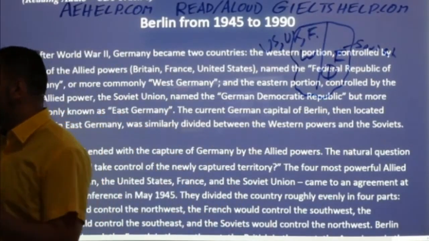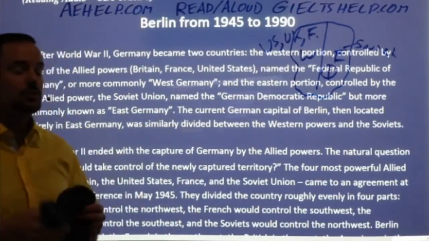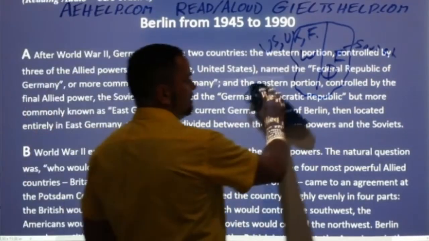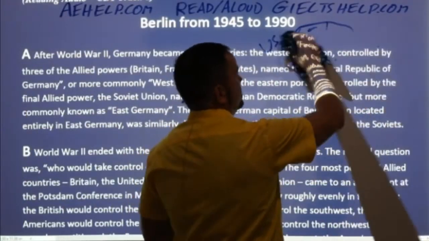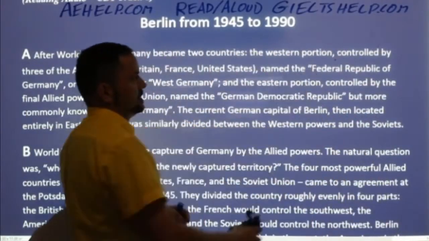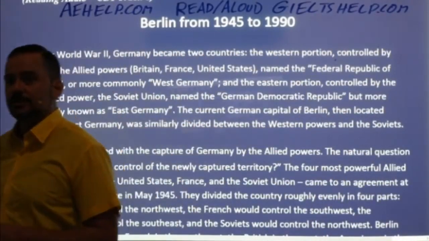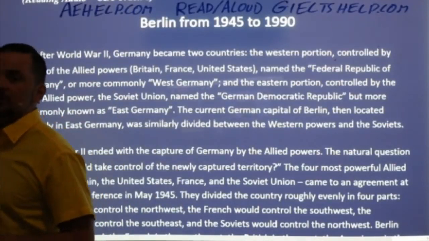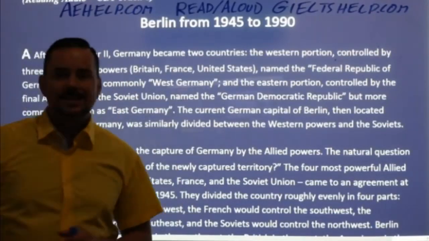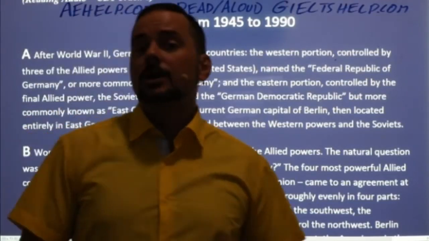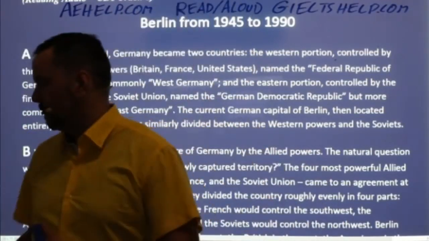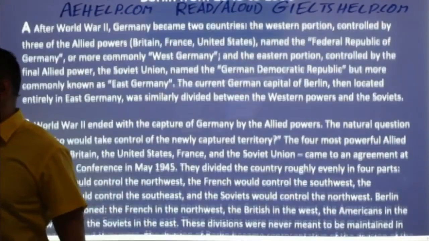That's how we read actively. We keep visualizing, we process the information, we lock it into position in sequence, and you'll see why that's so important. So this is the introduction. You're right, Sammy, it's the background to Germany during this time period. Then we keep reading.